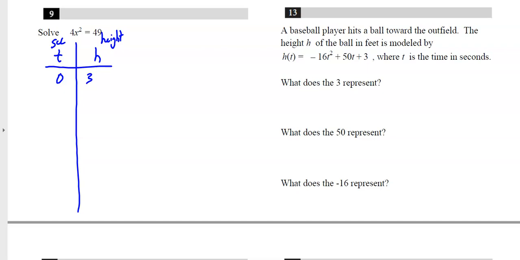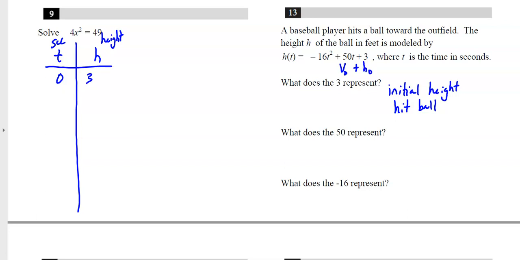So that means at 0 seconds, right when I start the stopwatch, the ball is 3 feet high. And that makes sense because in our equation, the 3 represents the initial height of the ball, or where I hit it with the bat. Now the 50, remember, this was h sub 0.